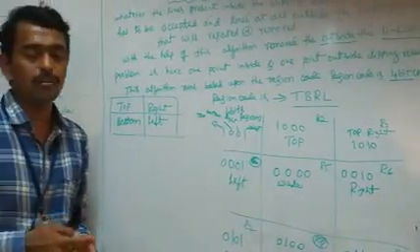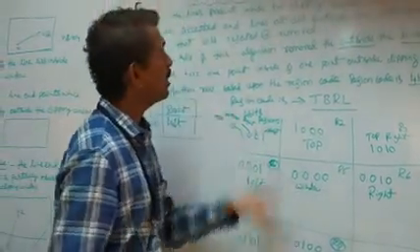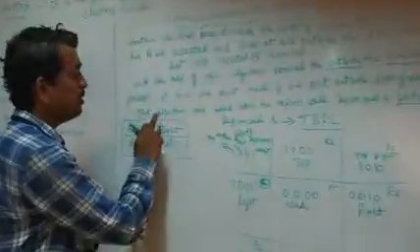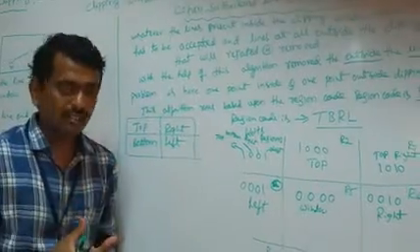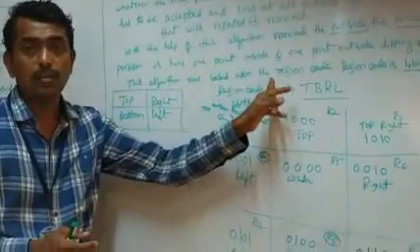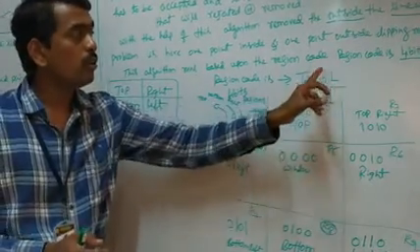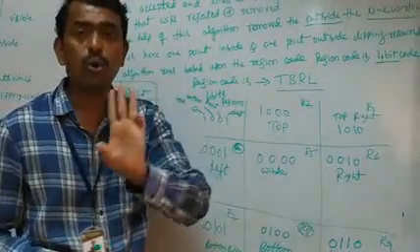This Cohen-Sutherland line clipping algorithm runs based upon the region code. The region code is 4-bit.